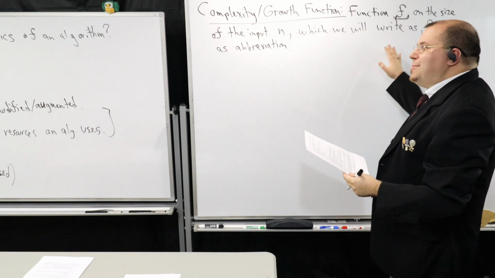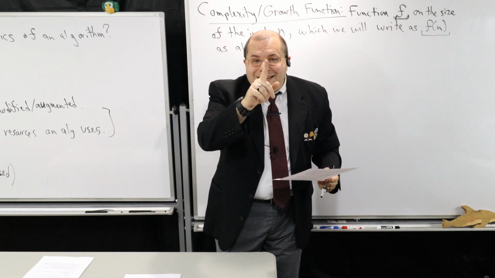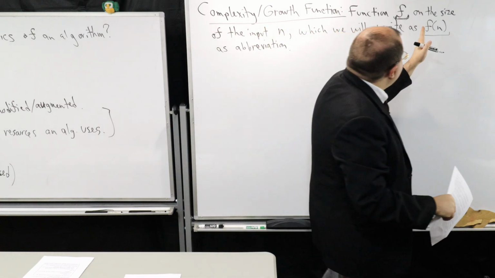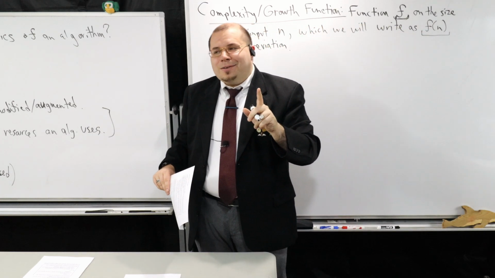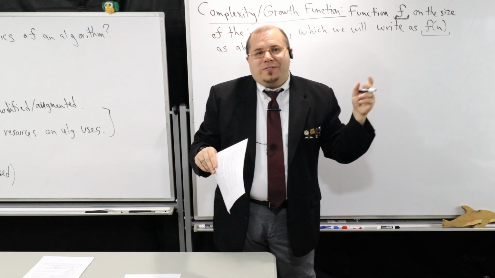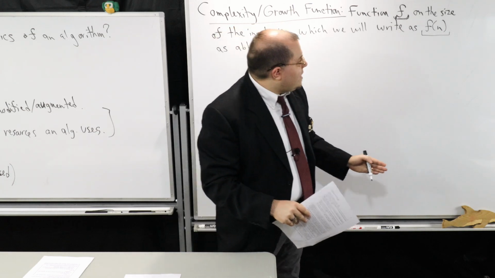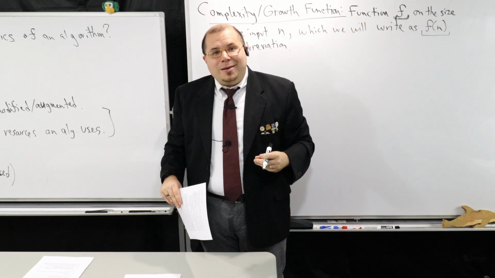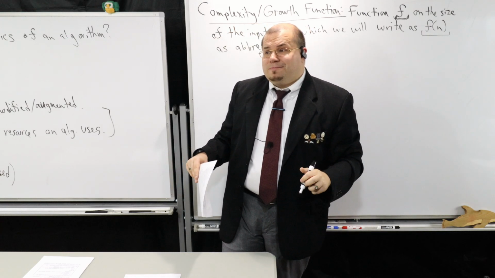That's why I'm saying that we're going to use it as an abbreviation, but it is, in fact, technically an abuse of notation. We're using it as an abbreviation to write that it's f with parameter n. Is that clear to everybody? So the function's called f, but we're going to use this abbreviation sometimes, so don't let it confuse you. In some contexts, this will mean the output of the function given n. Other times it'll just be me saying, hey, look, this is the function, its parameter is n.